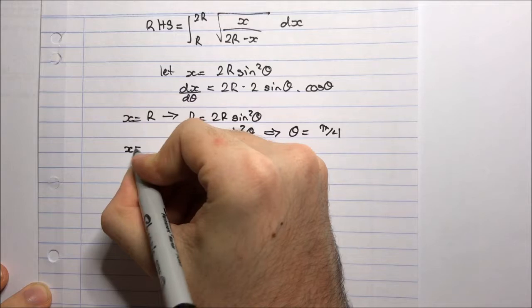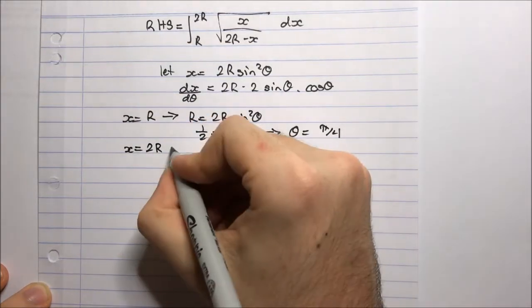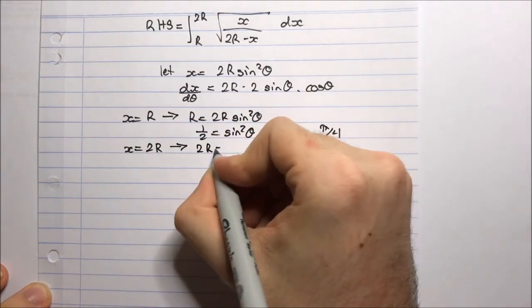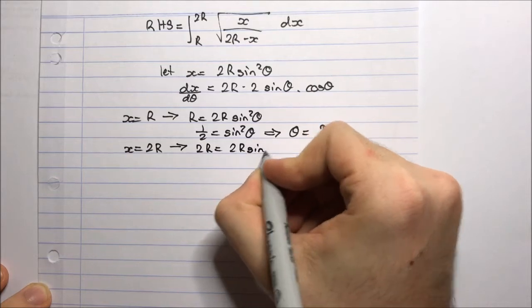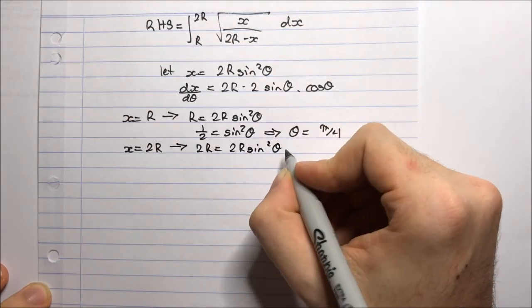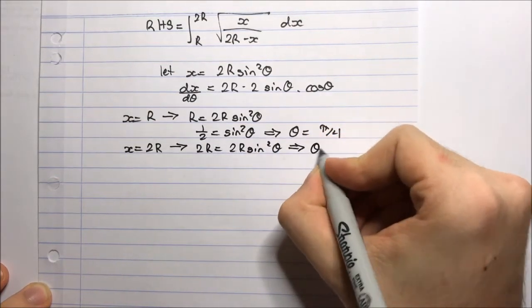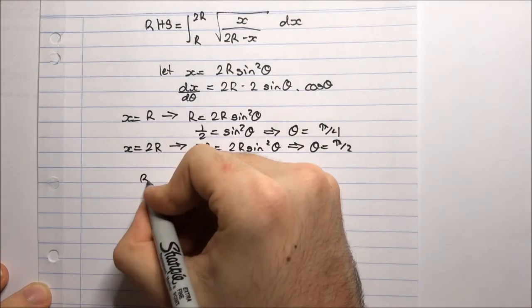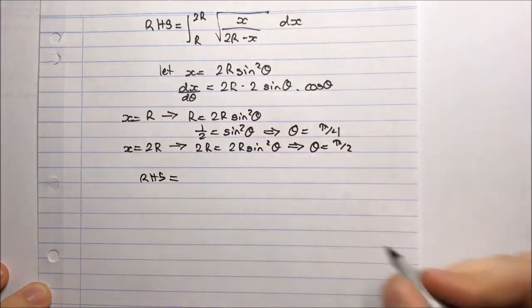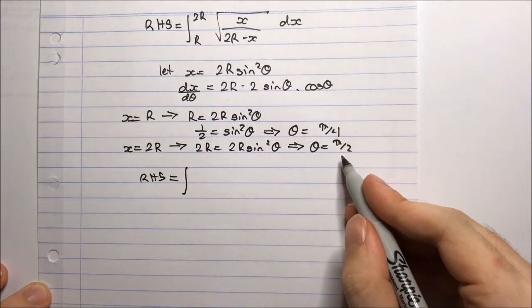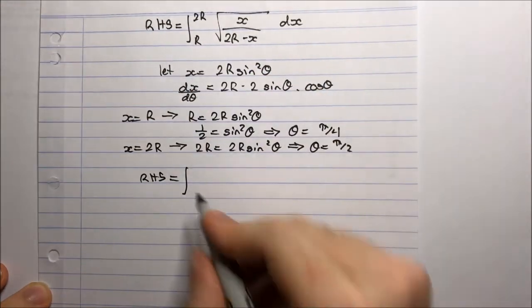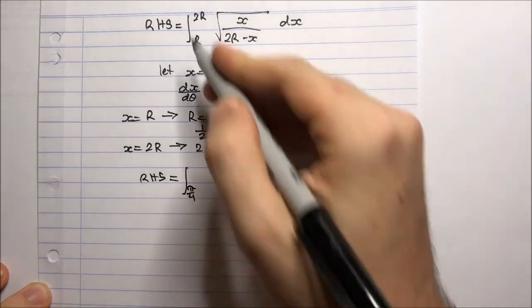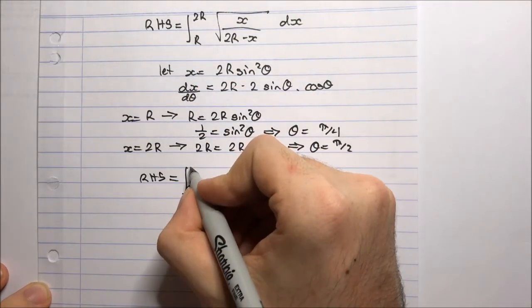And when x equals 2r, 2r equals 2r sine squared theta. And so that's going to tell us that theta is pi on 2. So we're ready to integrate or sub in our substitution. So when x was r, theta is pi on 4. When x is 2r, theta is pi on 2.